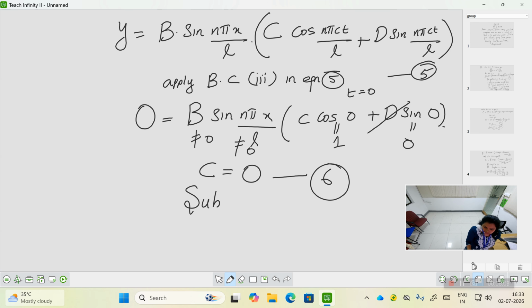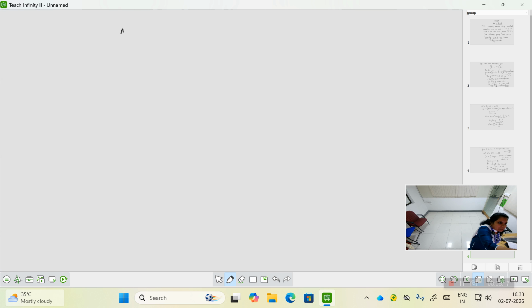Substitute 6 in 5. So as you see here, a is 0, c is 0. So we are left with b and d. We will see what is happening next. So you get y is equal to b sin n pi x by L. So c is 0 automatically.